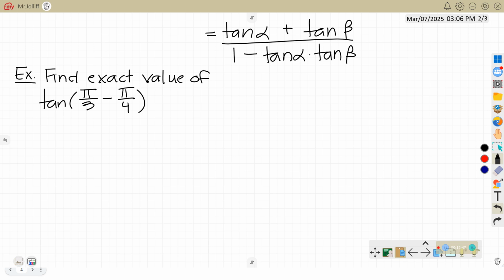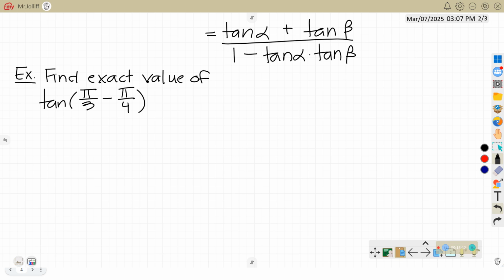So first example, we're going to find the exact value of tan of pi over 3 minus pi over 4. Typically this process involves 3 steps. First, we're going to use the addition or subtraction formula to rewrite this in terms of tan alpha and tan beta.